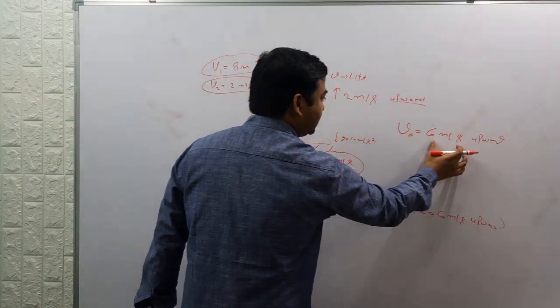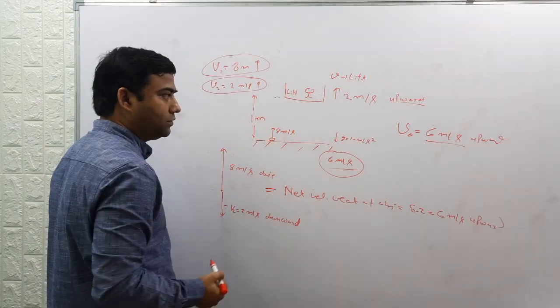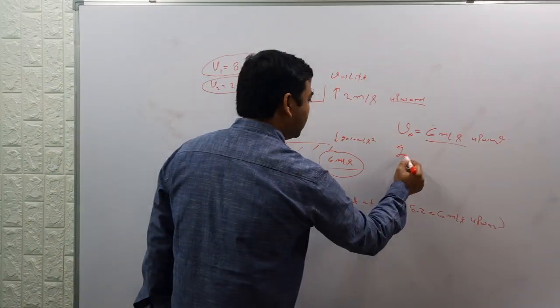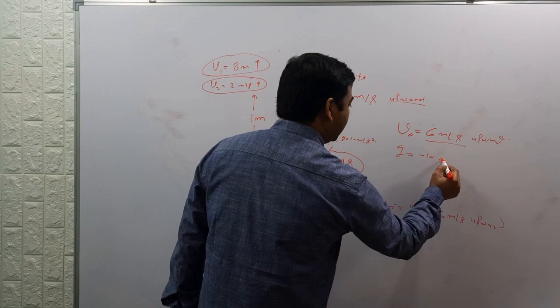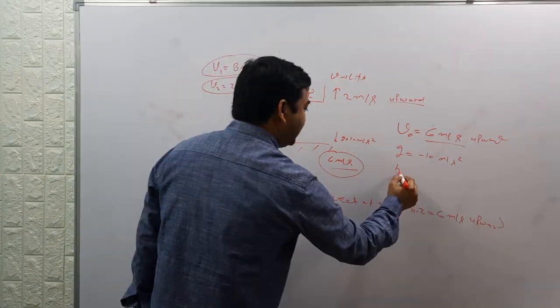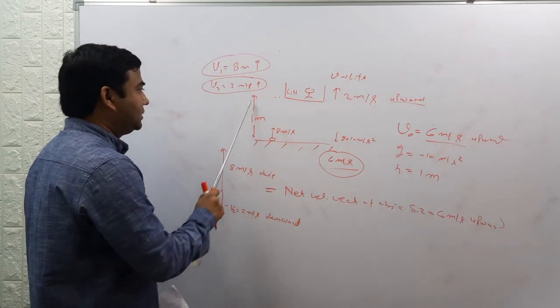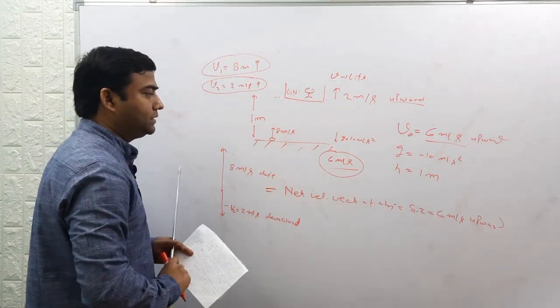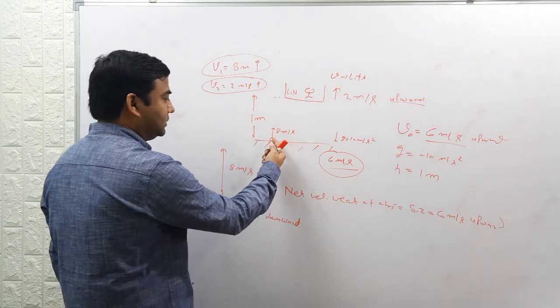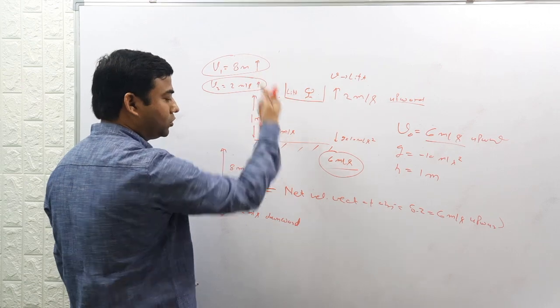Hence the initial velocity is 6 meters per second after reducing the velocity of the lift from the velocity of the object. g is equal to minus 10 meters per second square downward, and H is equal to 1 meter. This height of the lift is 1 meter. So I have to find the time when this object will cross the floor of the lift.